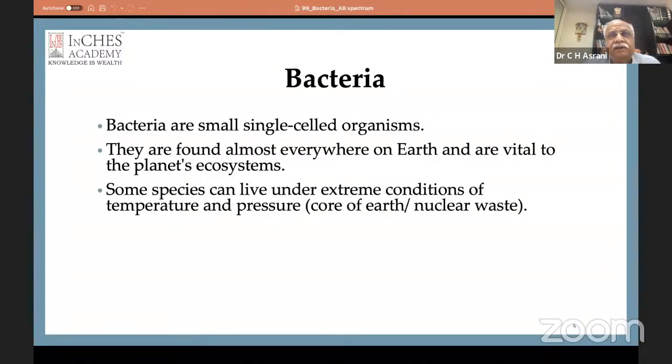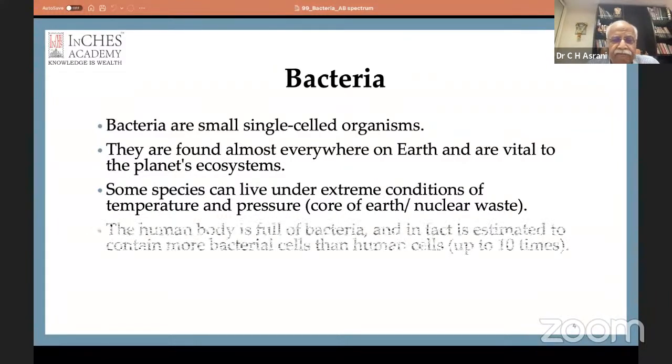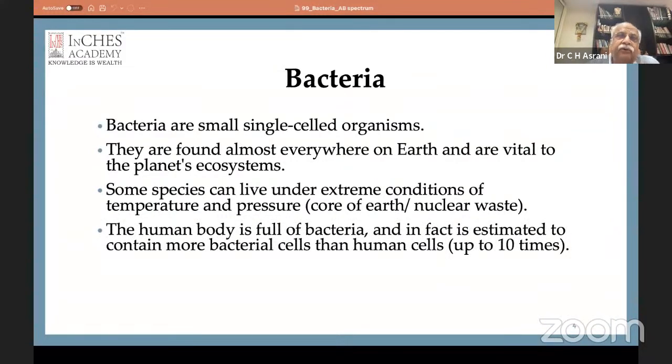Some species of bacteria can live under extreme conditions of temperature and pressure. They can survive in the core of Earth, or in nuclear waste also. We are full of bacteria, and it is estimated that we contain almost 10 times more bacterial cells than human cells.